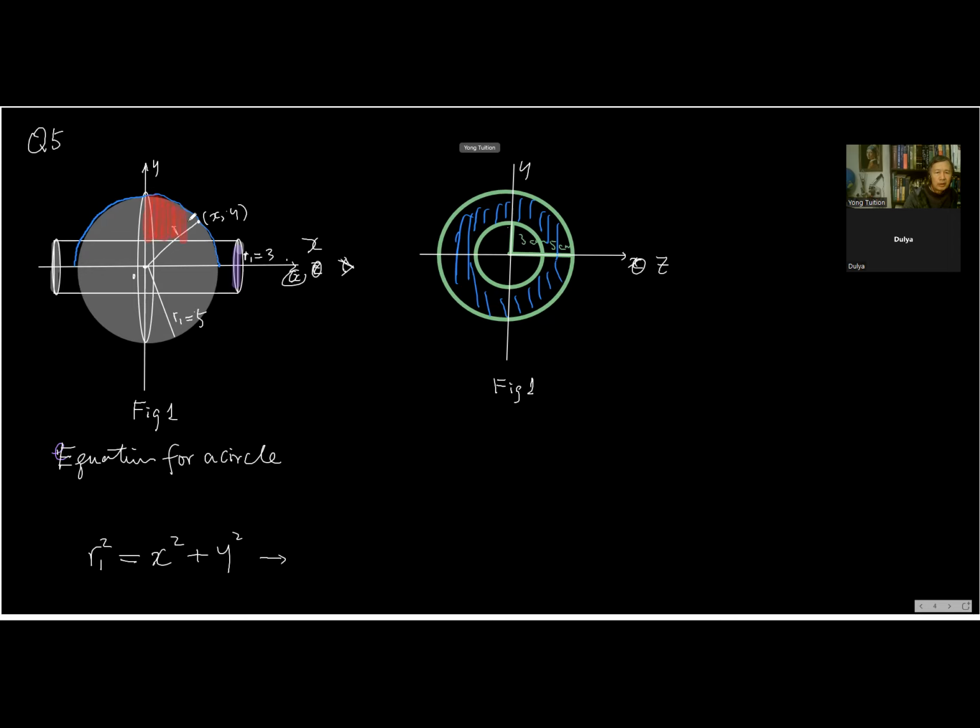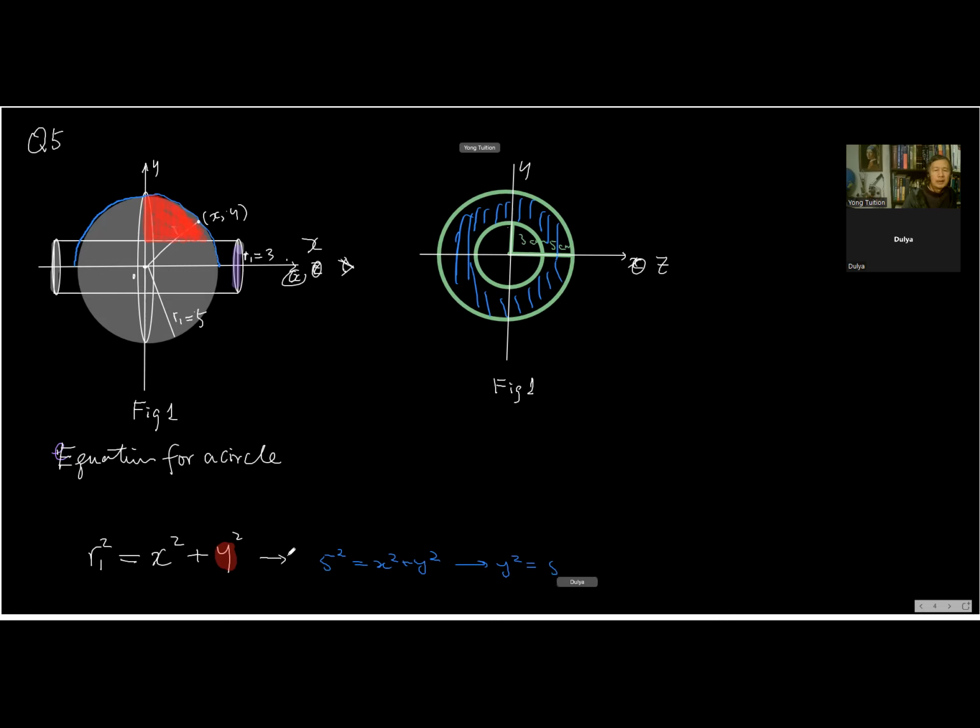That returns us to our previous question, provided you know this formula. We know this formula now. Once we know the equation of a circle, we can solve for y. What is y? How can we solve y? Yeah, a square root.